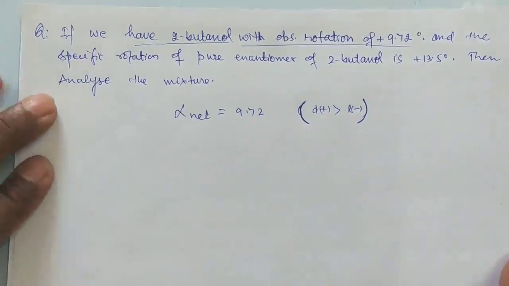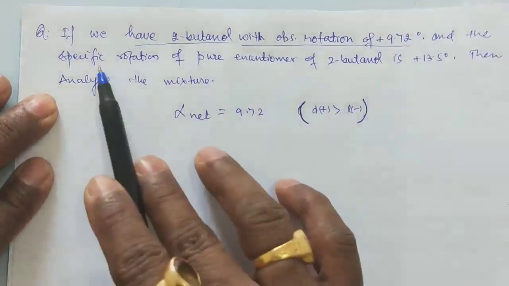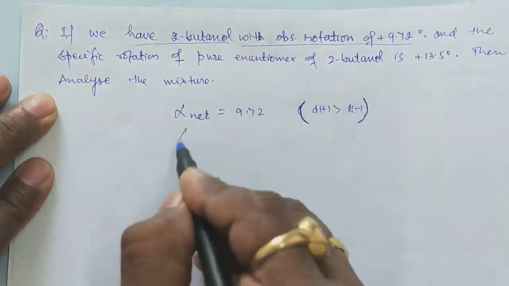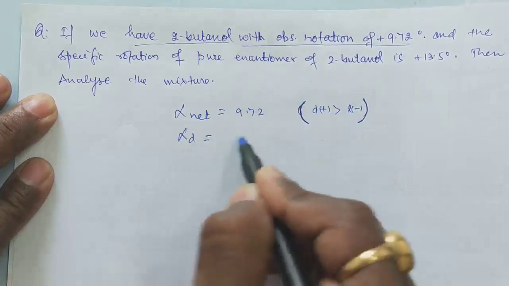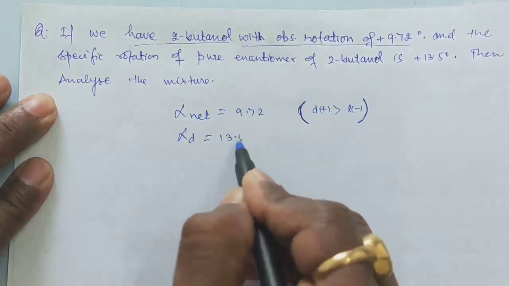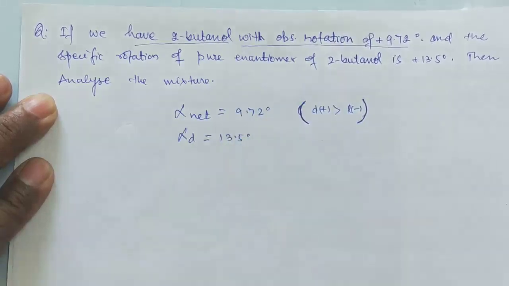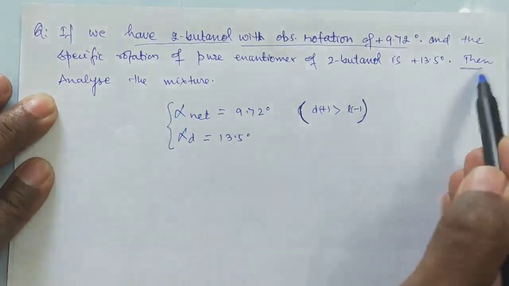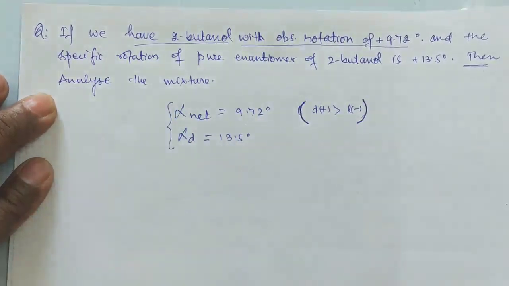And here the specific rotation of the pure enantiomer of butanol is this, so alpha D is equal to 13.5 degree. So with these two pieces of information, you have to analyze which enantiomer is in excess, what the enantiomeric excess is, and what the optical purity is.